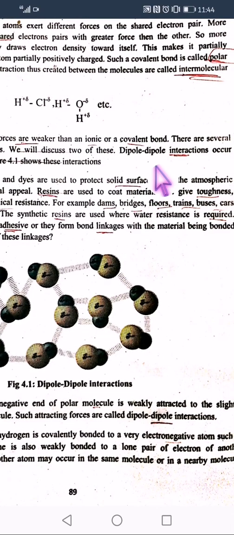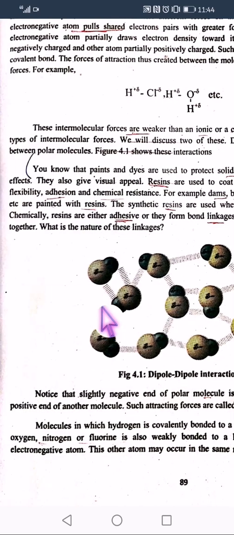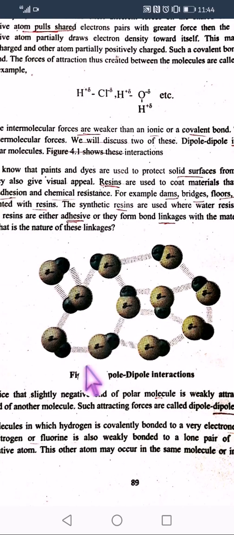There are some other types of interactions too. One of them is dipole-dipole interaction and the other is hydrogen bonding. First of all, dipole-dipole interaction. What happens in it? There is an induction of polarity, meaning positive and negative charges are created.